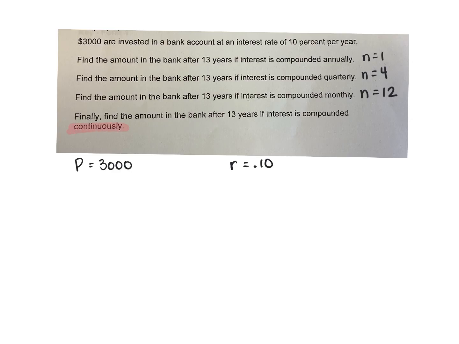When it says continuously, then our equation turns into A equals, the amount that we expect to have is equal to the principal times the base of E to the RT power. So the amount that we expect will be the principal, which is 3,000, times the base of E. Your rate is 0.10, and we are still going for 13 years.